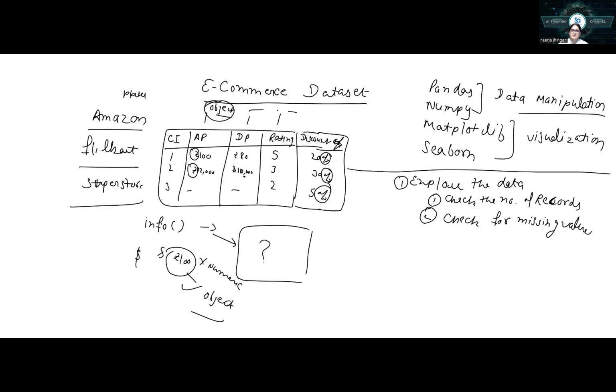Check for duplicates. Okay. And then we will do the visualization. Then if there are any missing values, we clean the data set and handle those, and do the visualization, sorry. So these are the steps you are going to follow.